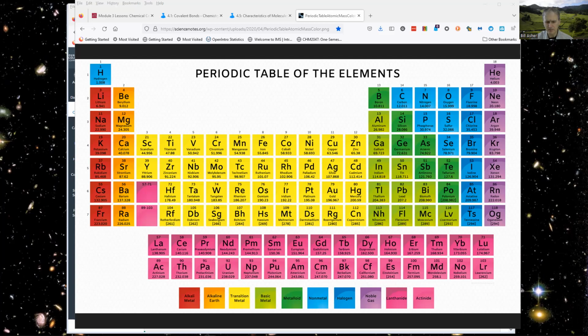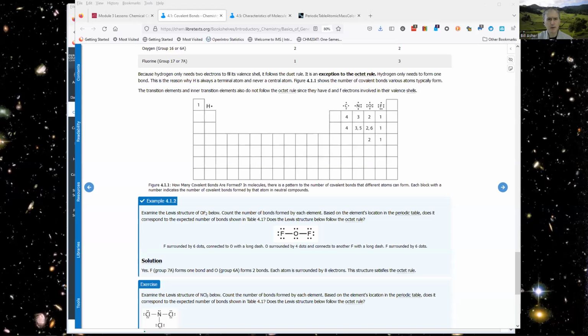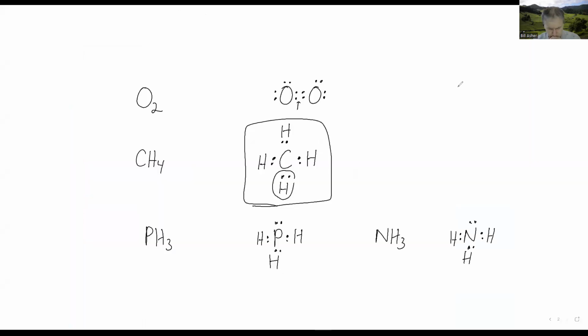So going back to my whiteboard for just a moment, there's some symbology that we need to go over. So remember, I drew the electron dot structure for methane like this.